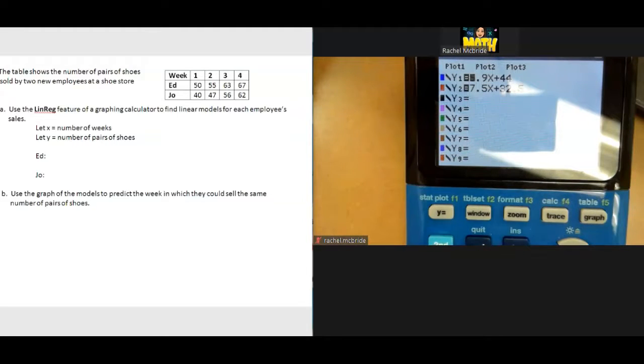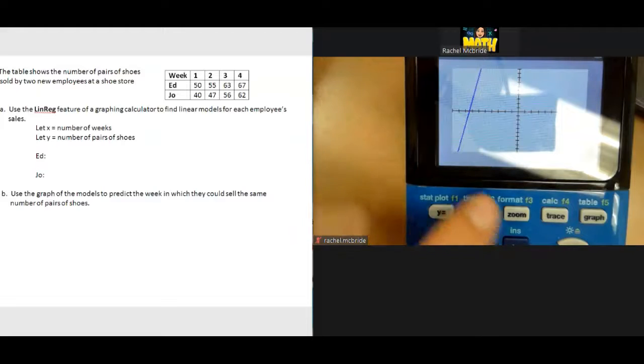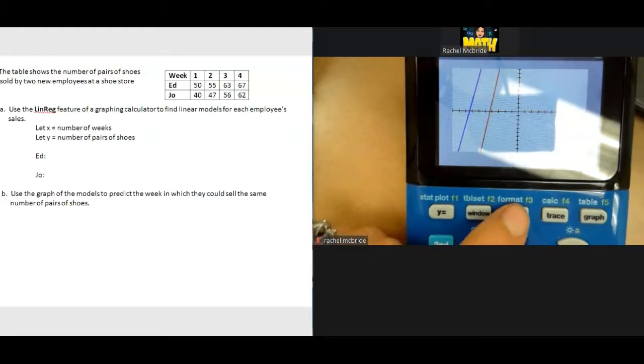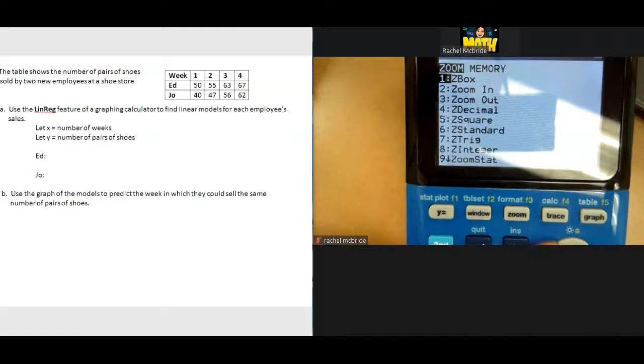Now, you need to graph this. So the best way to graph it is to go to zoom and go to stat so that it kind of matches the data. Zoom stat? Yeah, it should have graphed it to fit the data. Zoom fit would graph it to fit the lines.